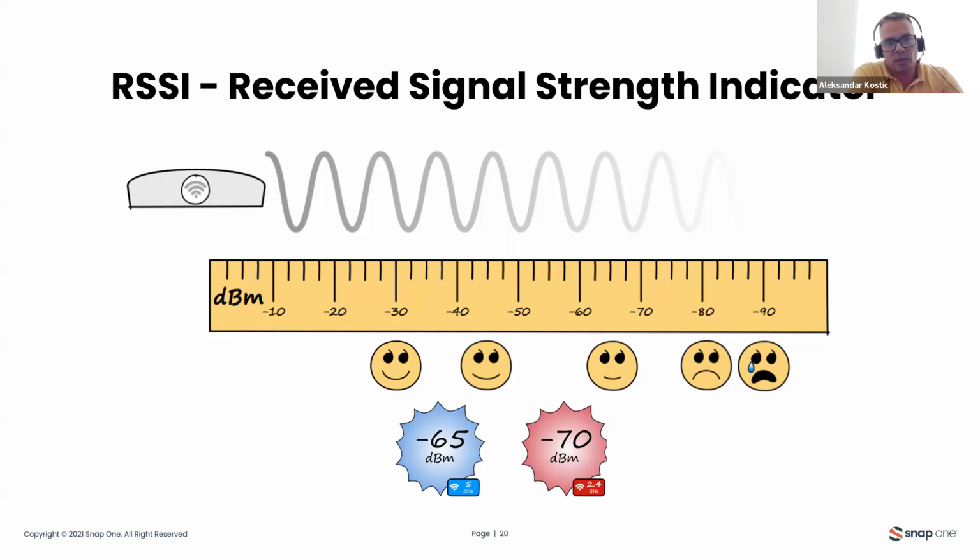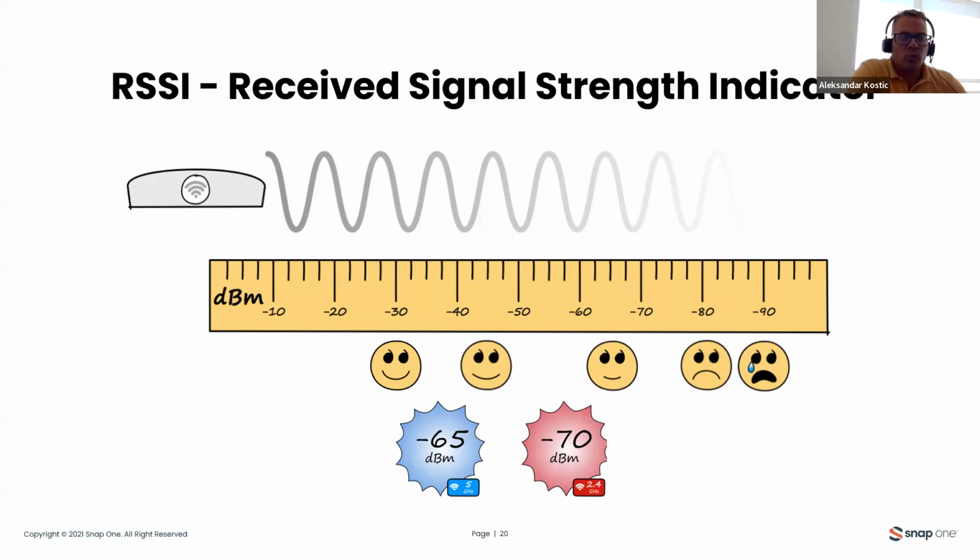When we go below minus 65 dBm, we are still in that functional area, all the way down to minus 70 dBm. But below minus 70 dBm, we still, of course, can connect and receive the signal, but that signal can already start to have suboptimal performance when bandwidth and speed are in question. What definitely is not acceptable as a level of RSSI is any signal below minus 80.